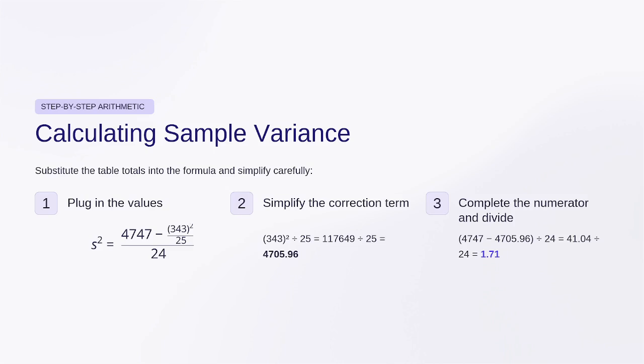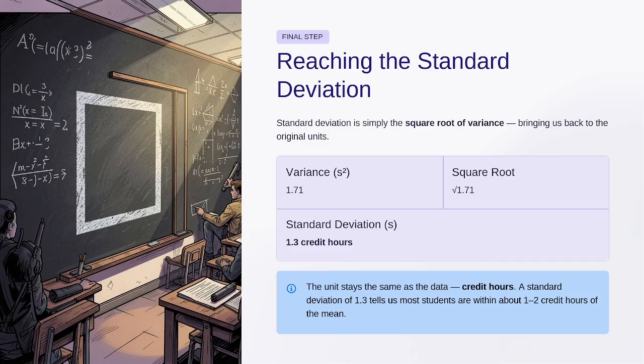Notice something very important. Variance is measured in squared units. Credit hours squared is difficult to interpret. So we take one final step, that is standard deviation. Standard deviation is simply the square root of variance. Variance equals 1.71. Take the square root. The answer is approximately equal to 1.3.